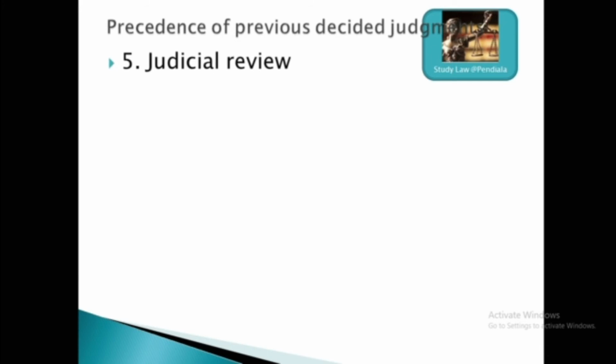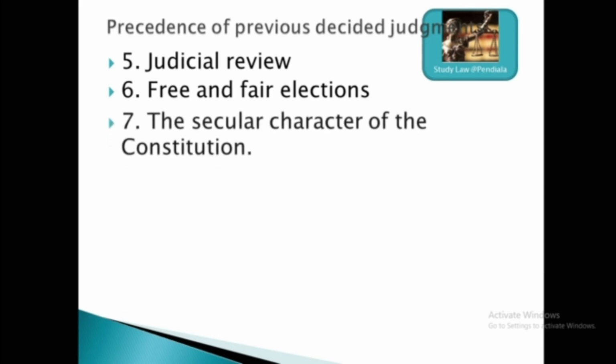Yet another feature is judicial review. Then free and fair elections. Being a democratic country, elections are the backbone of any democracy. So, any amendment to the Constitution should not impact the free and fair elections of the country.